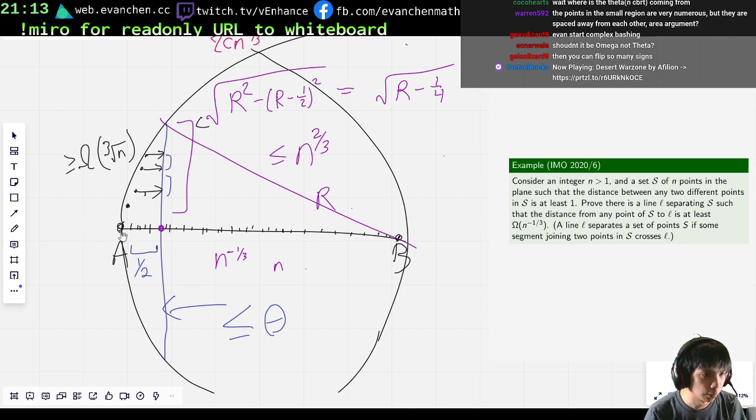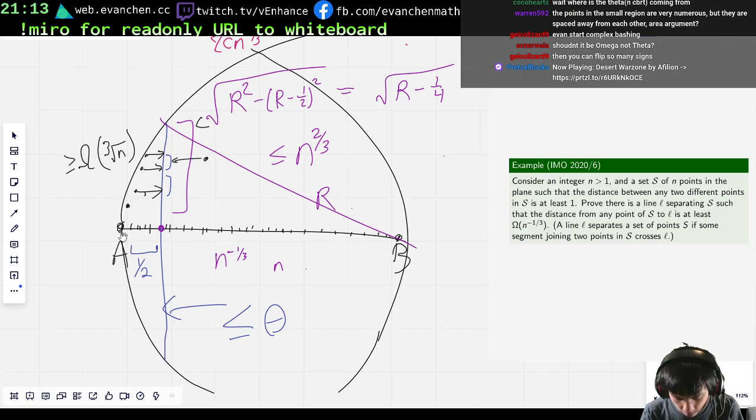Just write like cube root n. So there's a lot of points here, and the projections might be farther apart because there might be more points. Okay, there might be more points out here that have a projection there.